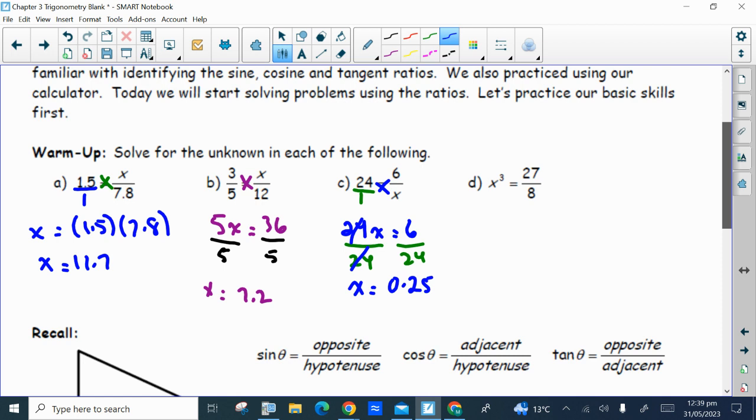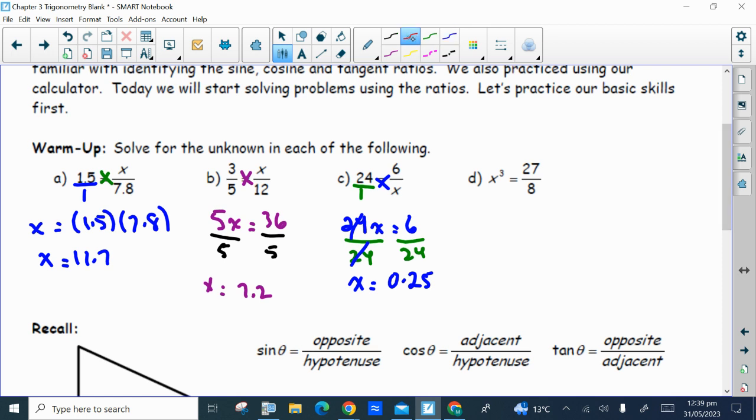Now for the last one, we just have to get x by itself, so we wouldn't have to cross multiply because the x cubed is already by itself. To get rid of the cube, we do the opposite, which is cube rooting both sides. And on the right side, the cube root of 27 is 3, the cube root of 8 is 2. So the answer is 3/2.